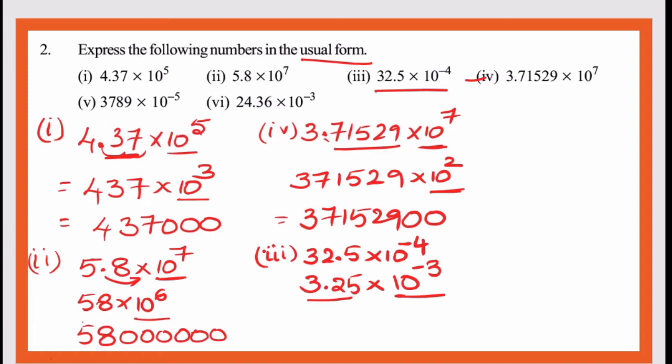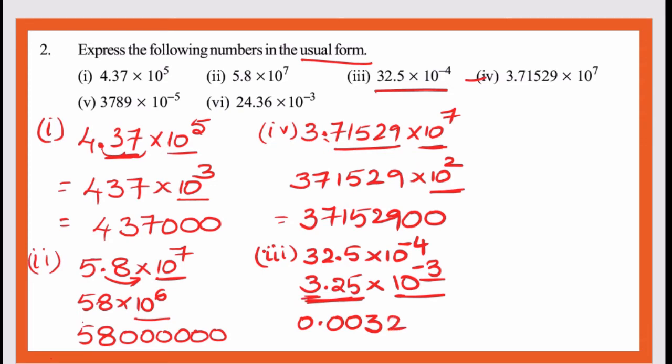Since it is in scientific notation form, the number of zeros after the decimal point depends on this power minus 3. Power minus 3 means my first non-zero digit exists at the third position. That means I can write it with only 2 zeros, so after 2 zeros, at the third position, I will get this 3.